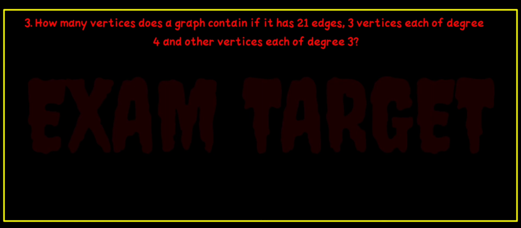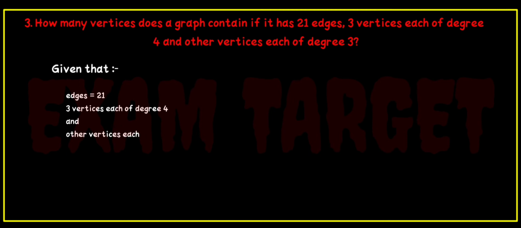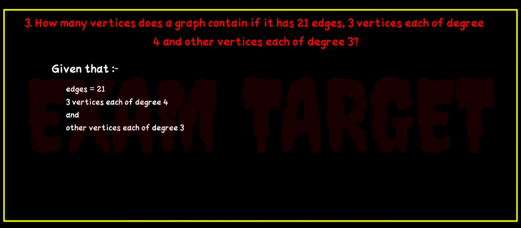How many vertices does a graph contain if it has 21 edges, 3 vertices each of degree 4 and other vertices each of degree 3? We know that the sum of degree across all nodes is equal to twice the number of edges.